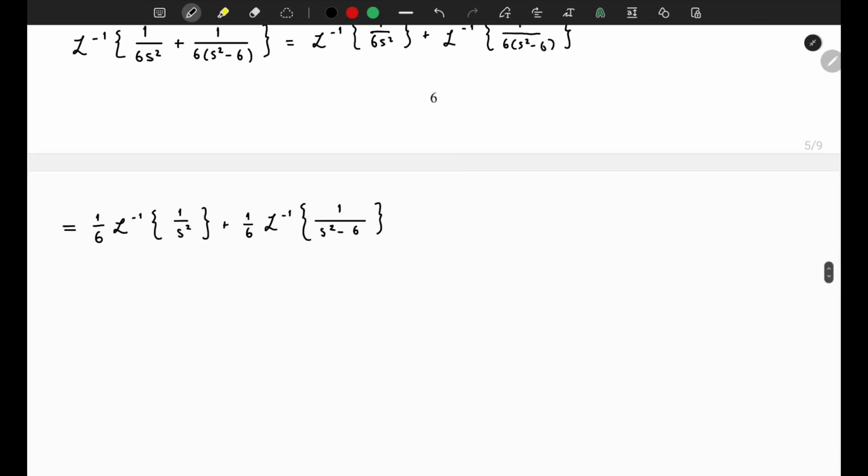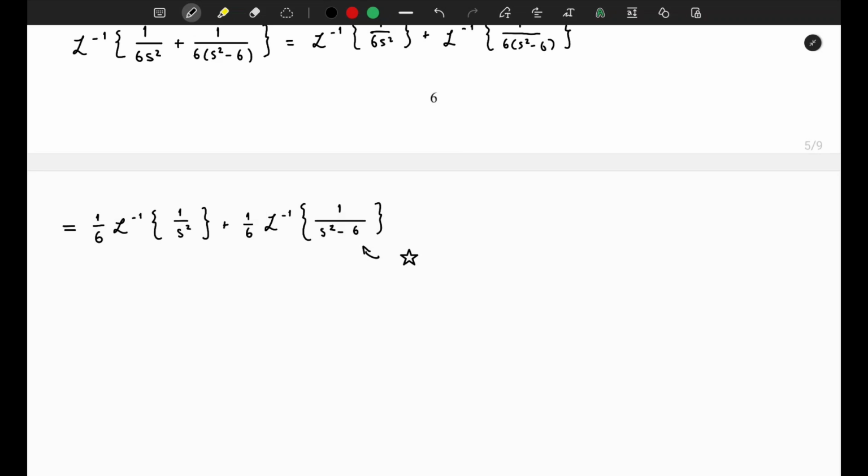Now, we know that the Laplace inverse of 1 over s squared is pretty simple. It would just be t. On the other hand, for 1 over s squared minus 6, we have to do some modifications before we can do the Laplace inverse. We want to go off of one of the hyperbolic functions, the sinh or cosh formulas.